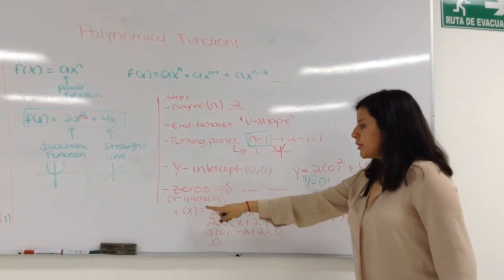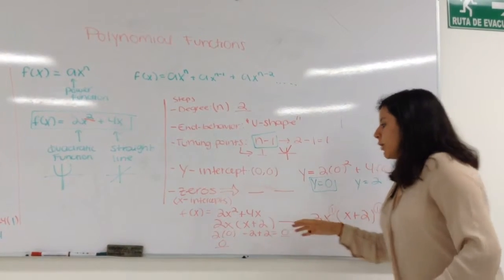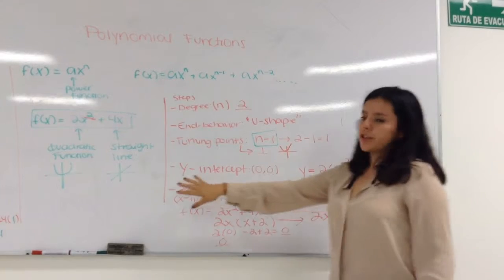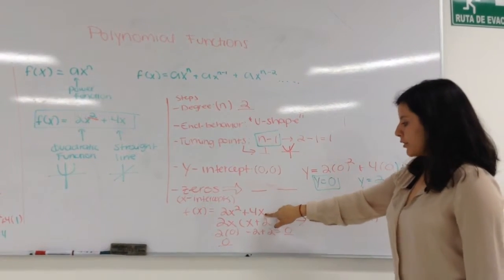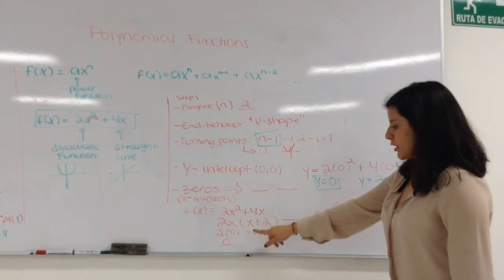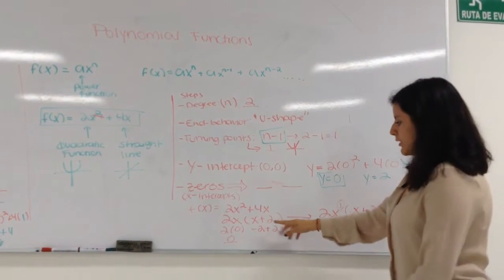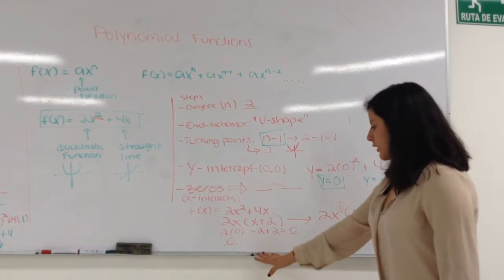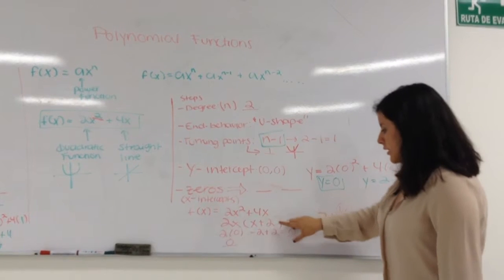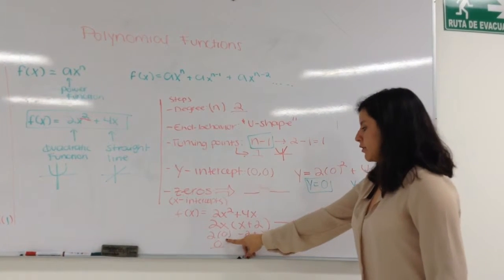To know the zeros, that are the x-intercepts, that is the next step, we have to factorize our function. This is our function, and when we finish factorizing, it gives us 2x in parentheses x plus 2. So we have to find out how to make this factorized function give us 0.